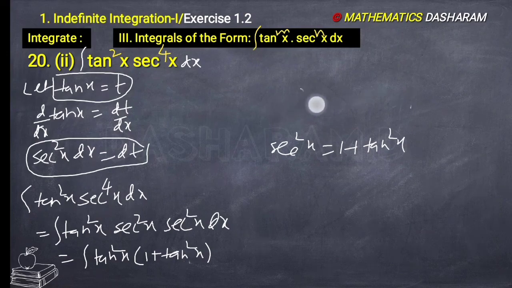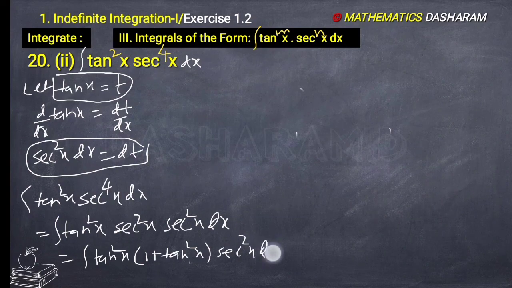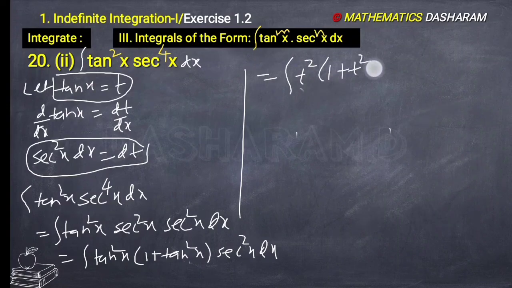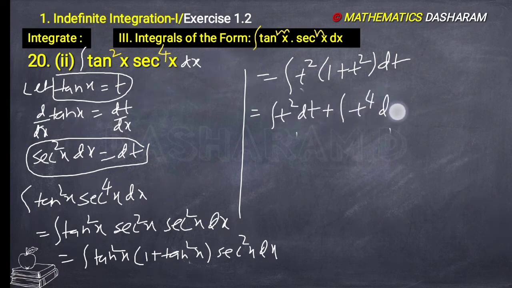Okay, so secant square x dx is equal to the integration of t square into 1 plus t square into secant square x dx, which equals dt, after substituting tan x as t. Now multiply t square inside: t square dt plus t to the power of 4 dt equals t cube by 3 plus t to the power of 5 by 5 plus c.